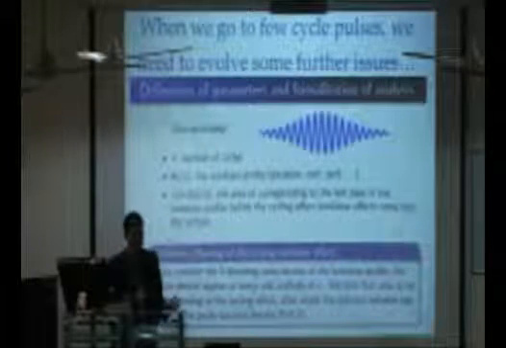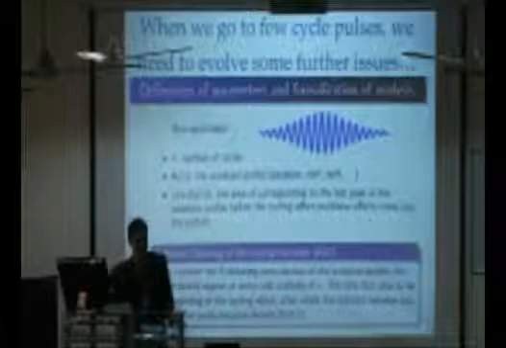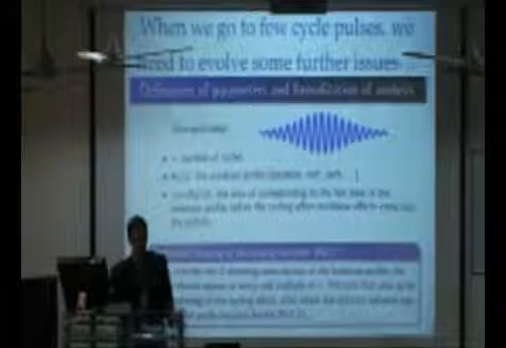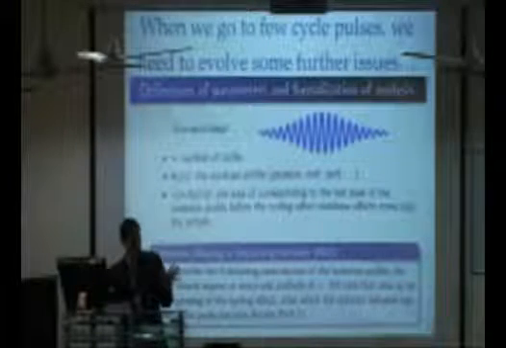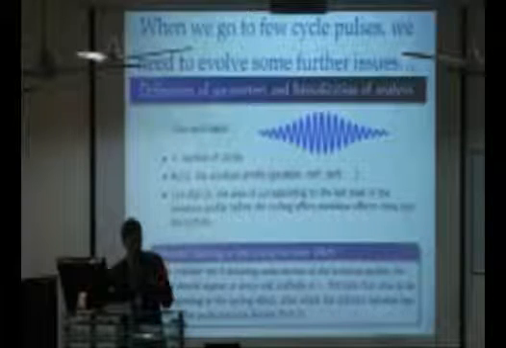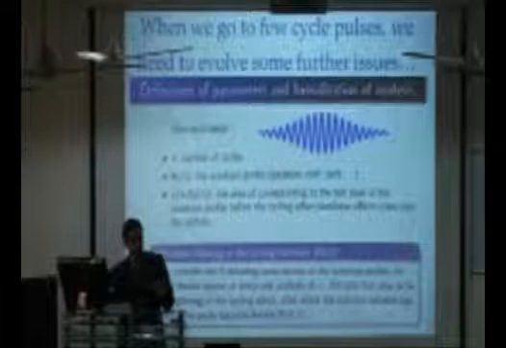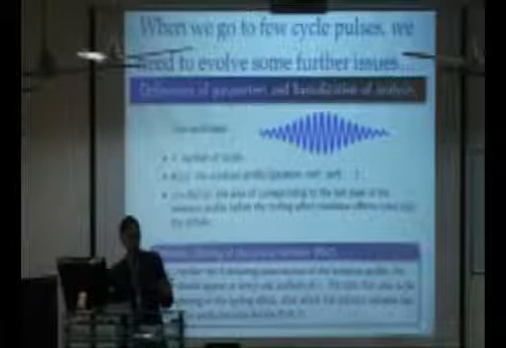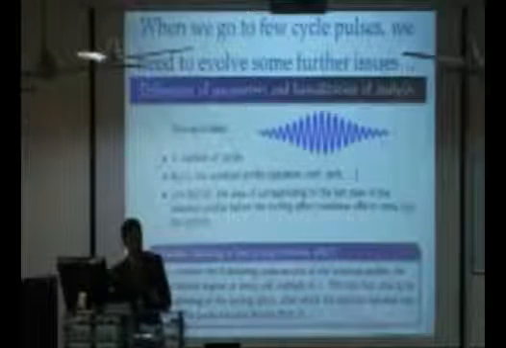They need not be very short pulses. Even a few femtosecond pulses in the infrared wavelengths can have a few cycle limit, because as you know, you need at least one cycle to define a particular pulse. Otherwise, the Heisenberg uncertainty principle takes over, and you will not have anything which is known as a definition of a pulse.